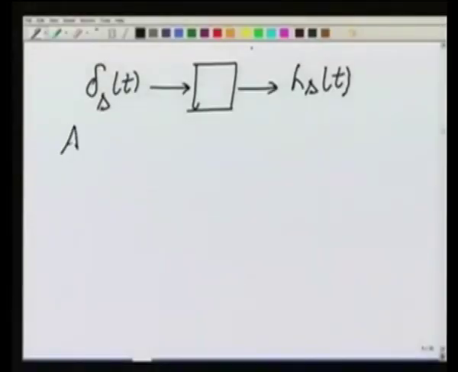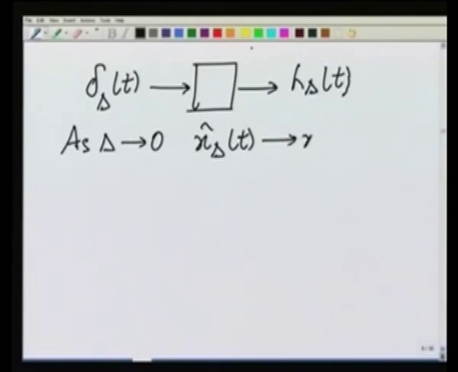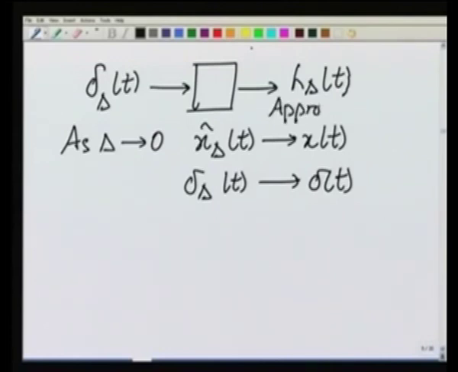As delta tends to 0, x hat delta of t will become x(t), delta delta of t will become delta(t), and hence the approximate impulse response that we have over here will become the exact impulse response.